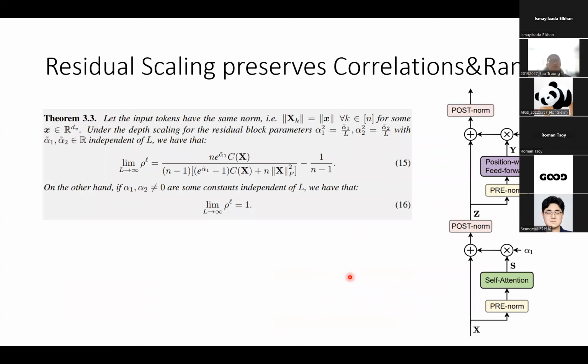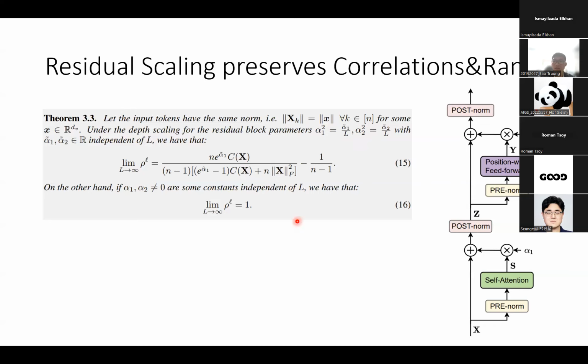Then they prove that without the depth-dependent residual scaling, like with alpha 2 equal to 1, the correlation between tokens will quickly increase and reach perfect alignment. This is formalized by Theorem 3.3, where they show that if we choose alpha 1 and alpha 2 depending on L as 1 over the square root of 2L, we have the behavior described in equation 15.